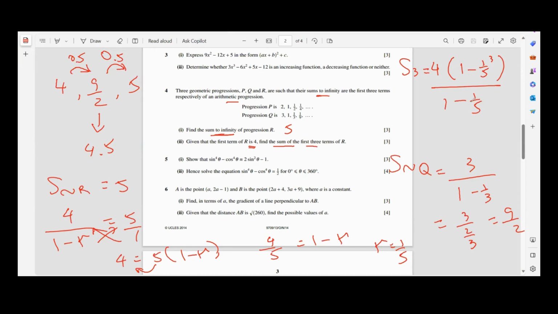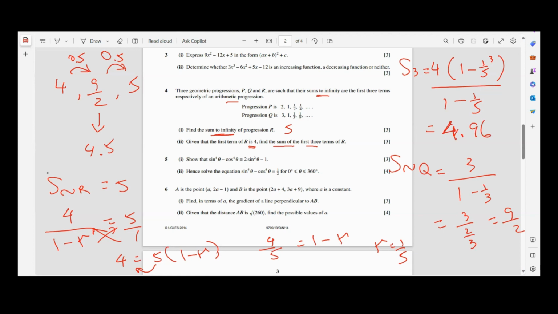If we calculate it, I will make it into decimal. Okay, I got 4.96, the S3 is 4.96. Okay, that is for II, number 4.